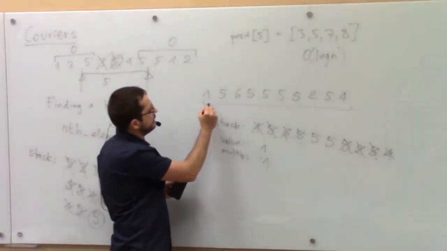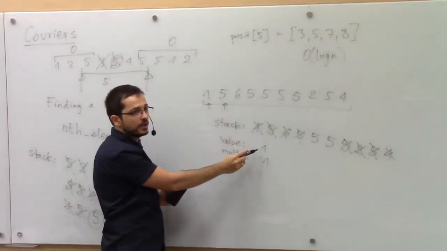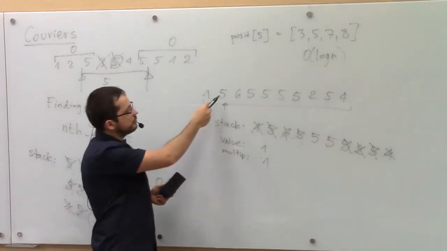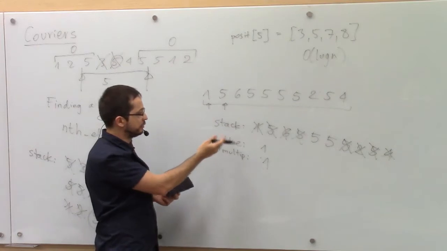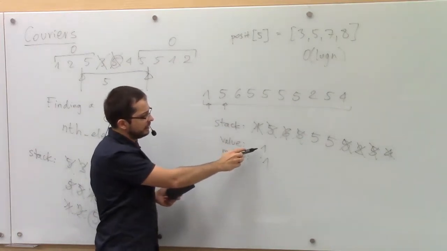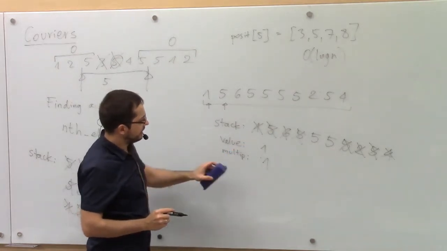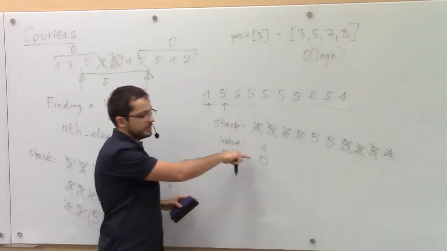And then we encounter 5, and we see that 5 is different from this value. So basically, it boils down to remove. We will remove 5. So we will just not put the 5 to the stack, but we will also remove one element from the stack. So this is just decreasing this value of the multiplier.